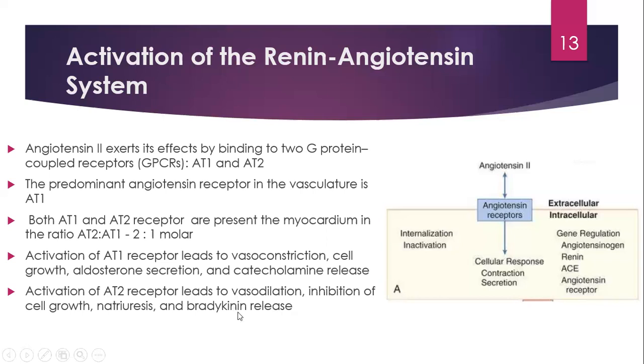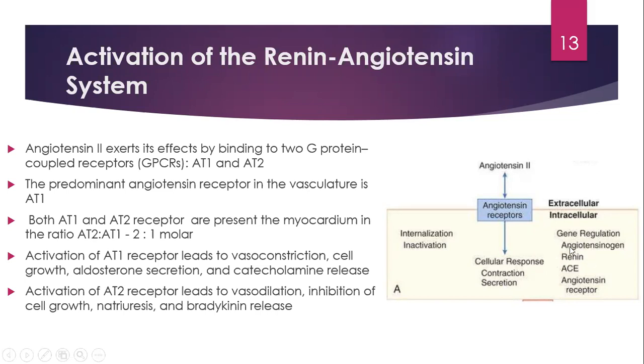This schematic just shows you the many effects of angiotensin. So when it interacts with its receptor, it is internalized through signal transduction. In the vasculature, it can cause contraction. In secreting tissue like the adrenal gland, it can cause secretion of hormones. Apart from this immediate action, they have long-term action through gene regulation.